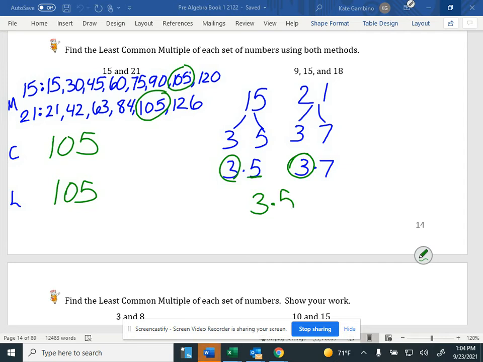There's only one 5 and there's only one 7. So now I need to multiply 3 times 5 times 7. 3 times 5 is 15, times 7 gives me 105.